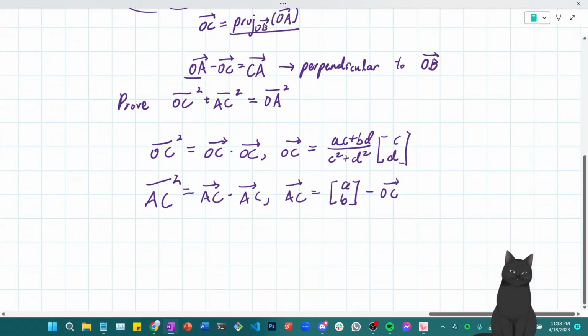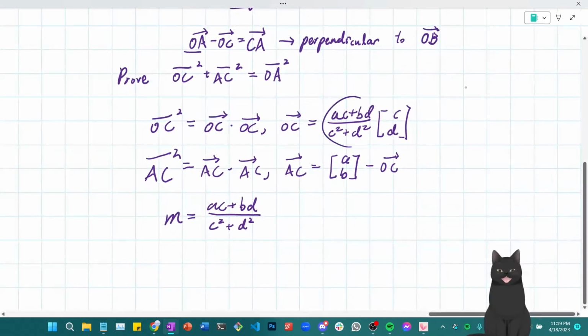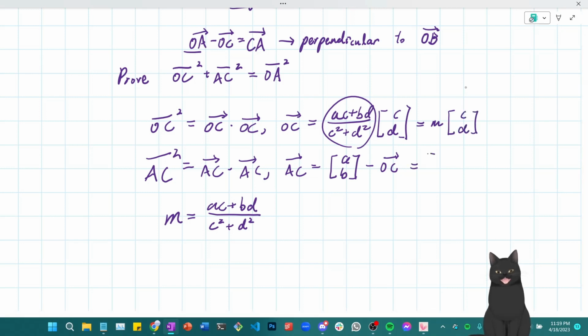So here's where I plug in a trick called substitution. I'm going to call M equal to AC plus BD over C squared plus D squared, so that in every computation that follows from here, I'm going to abbreviate these numbers as M. So in other words, OC becomes M times (C, D), and AC becomes (A minus CM, B minus DM).